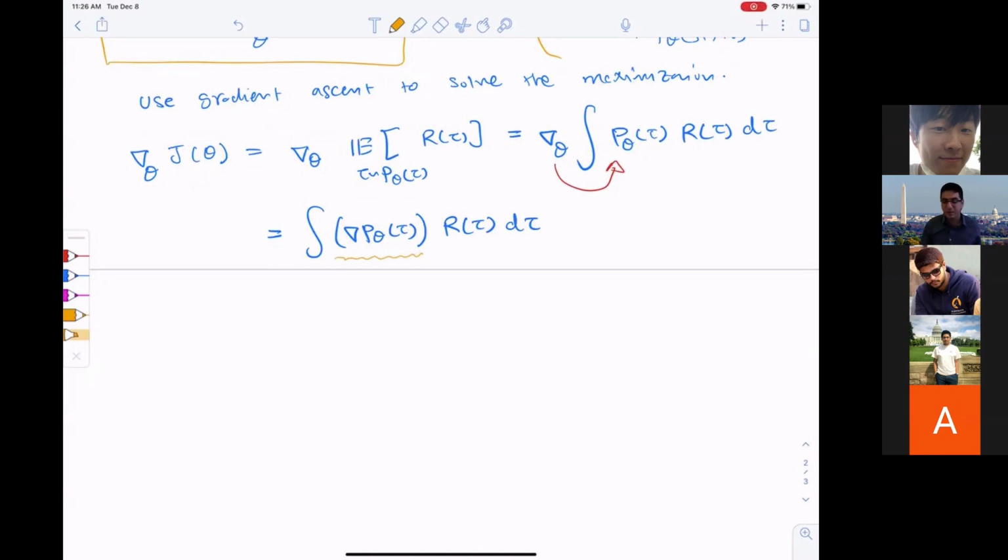Is it a vector? Same dimension as theta, that is correct, right? So theta is like the set of my model parameters. I may have hundreds or thousands or even millions of parameters. So it's like a really huge vector. It's in a high dimensional case.